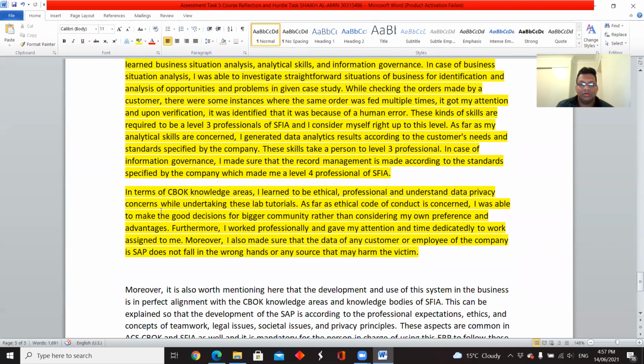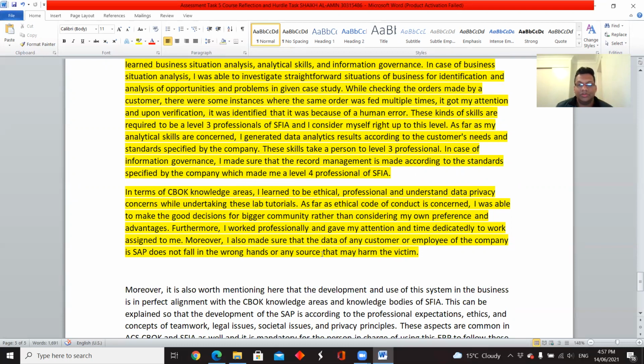Also, I'll talk about the area of civic knowledge. I learned to be an ethical professional and to understand data privacy concerns while undertaking this lab tutorial. As far as the ethical code of conduct is concerned, I was able to make good decisions for the bigger community rather than considering my own preference and advantage.